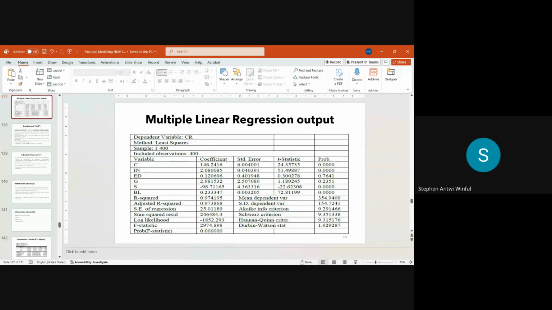If we check gender, we have 2.95, but the standard error is 2.5. It is less, so it appears that it might be significant. Then we check S. We have negative 98.7 and we have positive 4.3, so the absolute value of the error is less than the estimate. Then BL, we have 0.23 as against 0.003, so the standard error is less than the estimate.